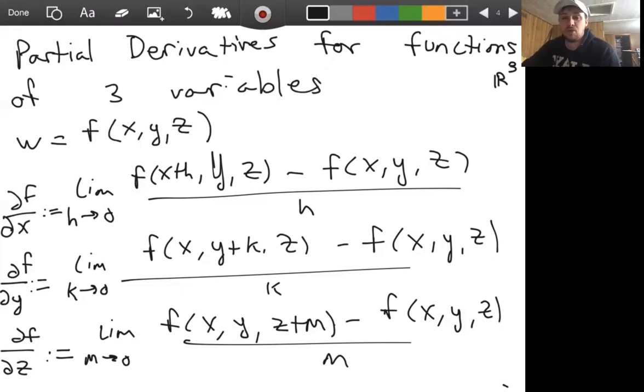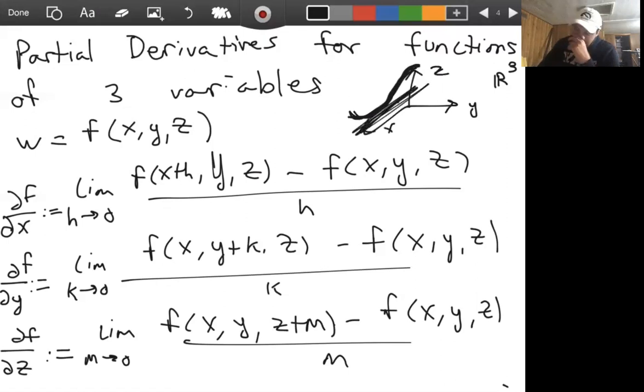And we can still use our rule here, right? When we're looking at how a hypersurface is changing in the x direction, we hold y and z constant. So say this is y and z and x here. We hold y and z constant, and we find the slope of the tangent line.